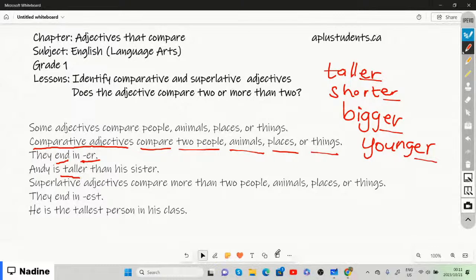They end in est. So a superlative adjective compares more than two people, animals, places, or things, and ends in est.